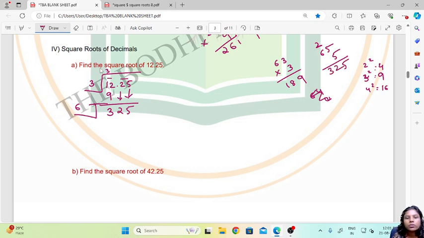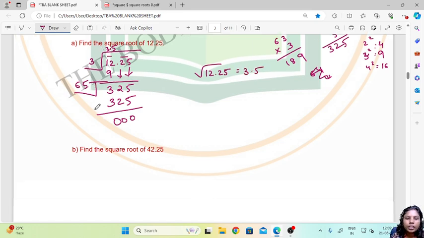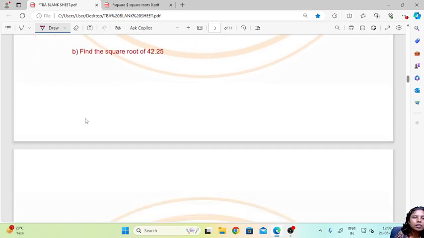Okay, so we are getting 325 here. So the number here is 5, and here also we have to put 5, and this becomes 000. Now here, just right after you get the decimal, you have to shift the same decimal on top. So the square root of 12.25 is 3.5 here.